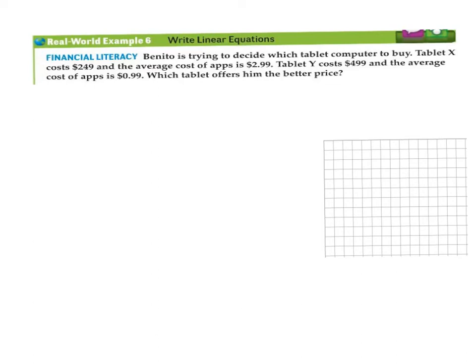So those of you who were in Algebra 2 last year, you may recall these sorts of optimization problems. Let's take a look at what we know.